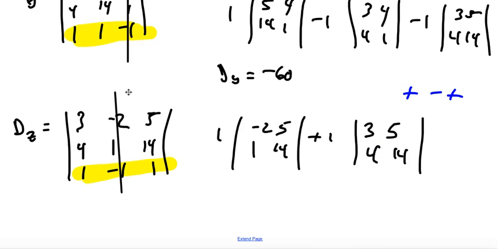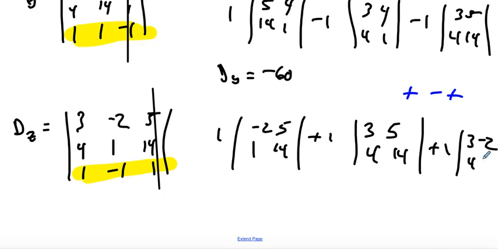And then move this over one more time. And that's a plus and a plus right there. So plus 1 times 3, negative 2, 4, 1. Okay. So we do all that, and the d of z would just give us 0.